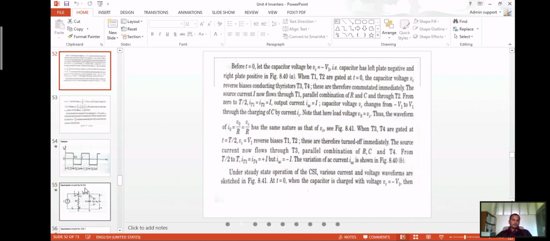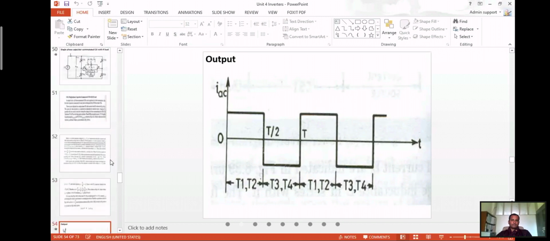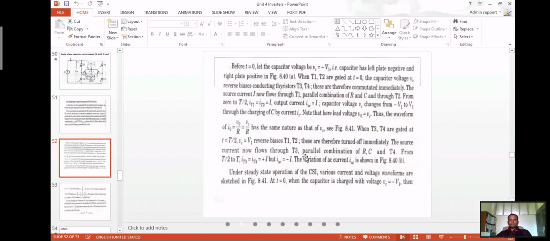If you see the waveform here, at this point the output current will be positive when T1 and T2 are gated together. Similarly, at the other end, when T3 and T4 are gated together, T1 and T2 will be commutated.